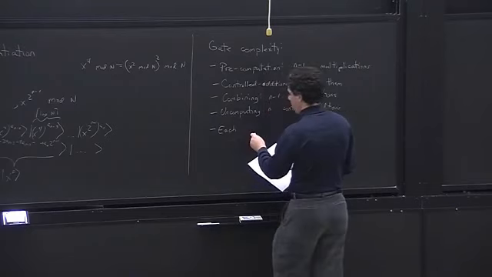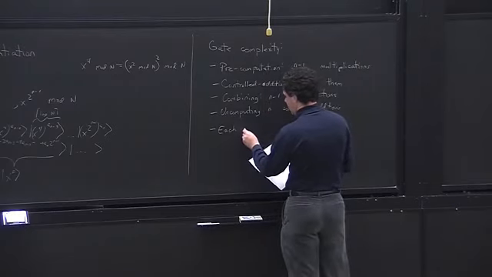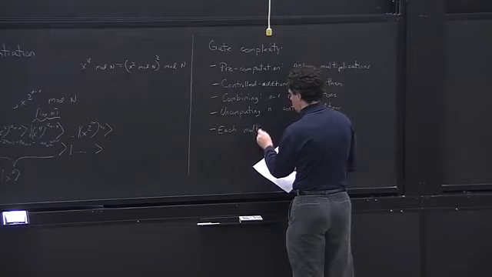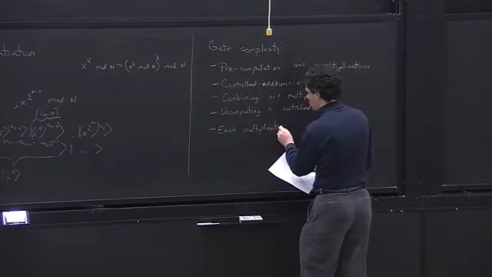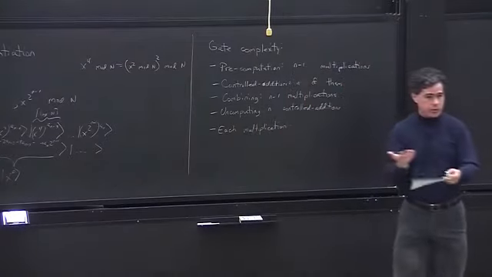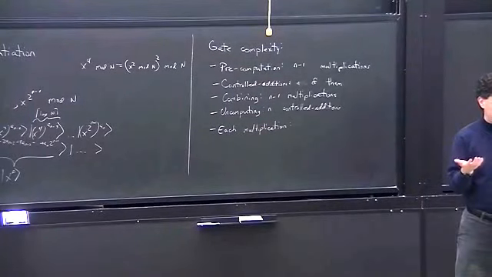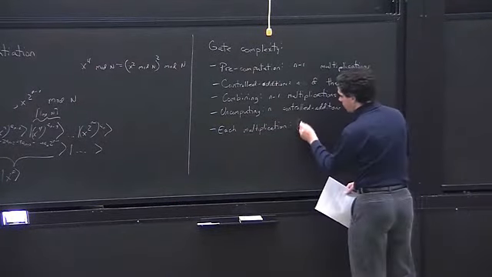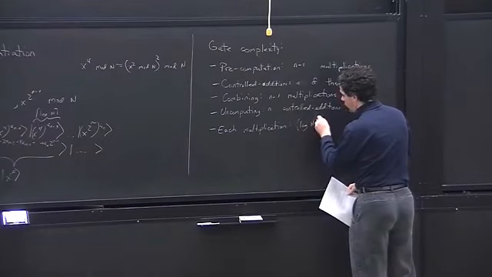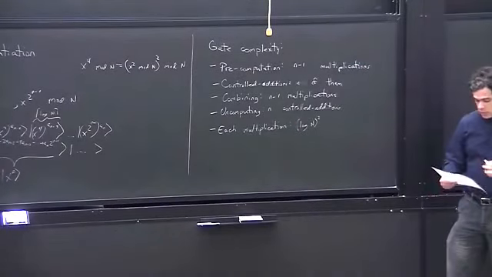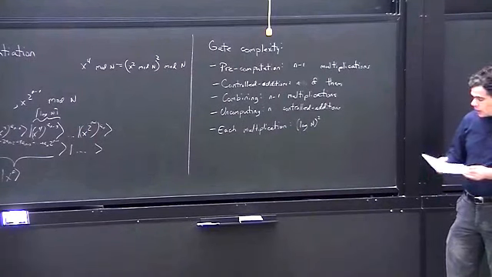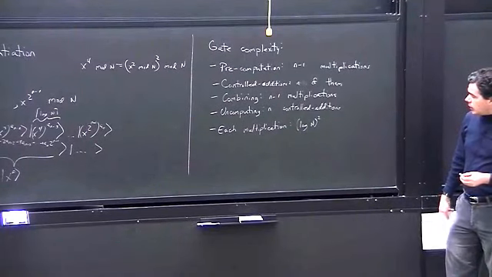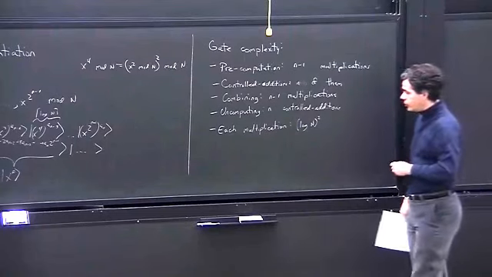If you use standard long multiplication, we're multiplying together numbers that have log n bits. And so we have to take basically all pairs of bits and then add all of that up. So that takes a time that's log n squared. Now, there are faster ways of doing that.